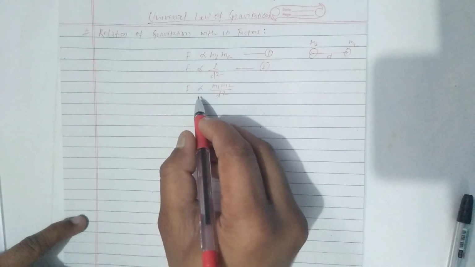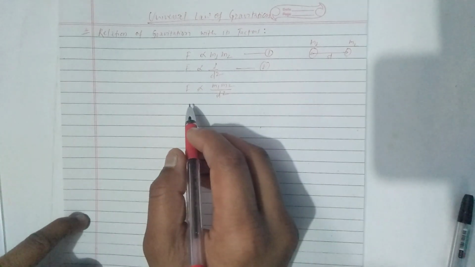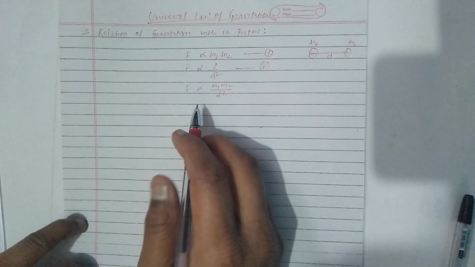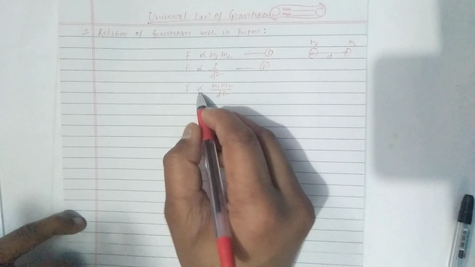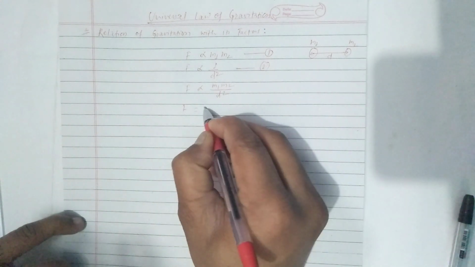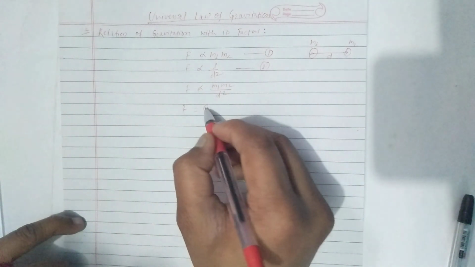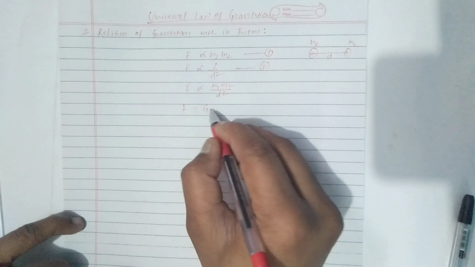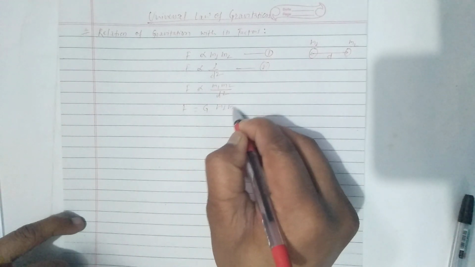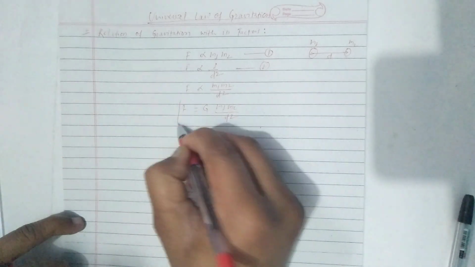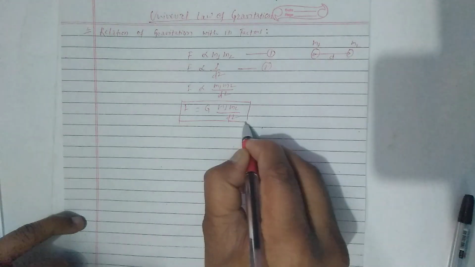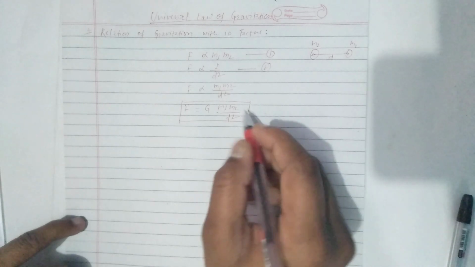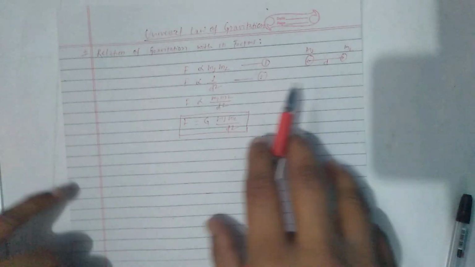Okay, this is directly proportional. If we remove this sign, then a certain constant comes in. So let's suppose this is a small g, the constant, and F equals g m1 m2 upon d square, which is our required force of attraction between any two bodies given by Newton, which is called the universal law of gravitation.